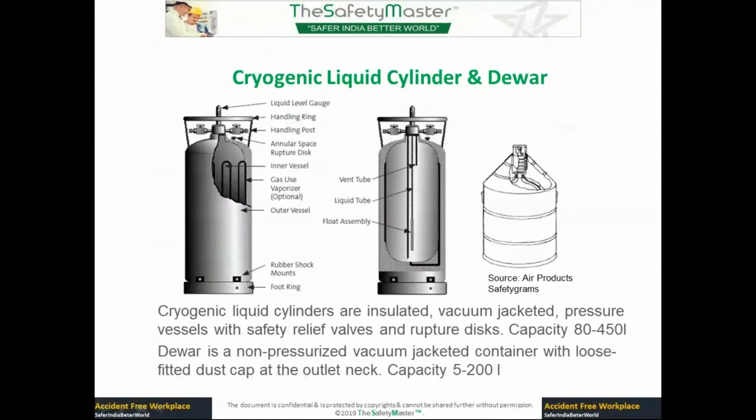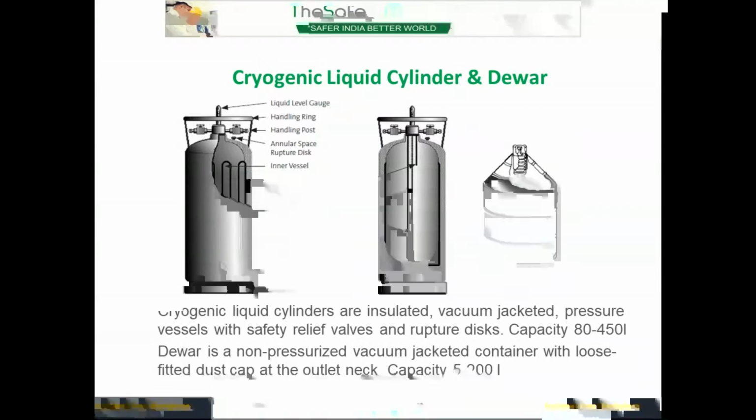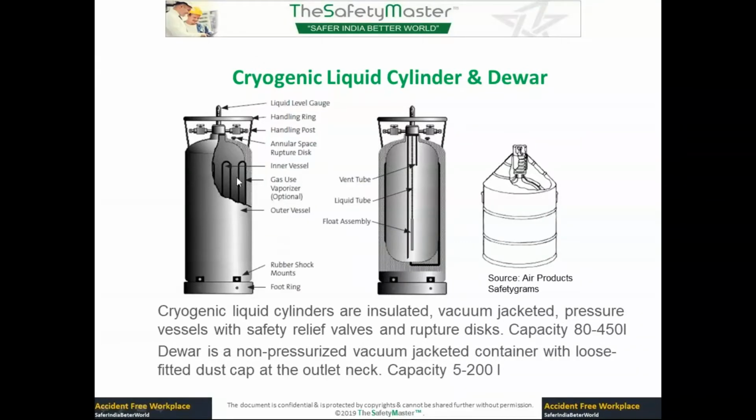There is no pressure build up in this Dewar. But in a cryogenic liquid cylinder, there is a pressure build up apparatus inside. So if you want vapor, you can get it; if you want liquid, you can get it; if you want higher pressure, or want to transfer liquid from one container to another, this is possible using cryogenic liquid cylinders.